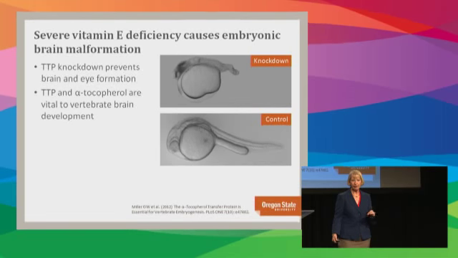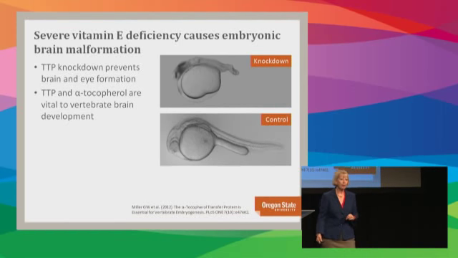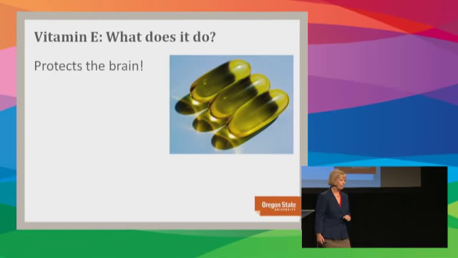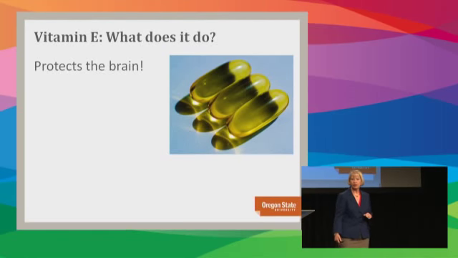What's important about those 12 to 15 hours? It turns out it's the same time as the rats lose their babies. It's also about 20 days in a human pregnancy. So before a woman knows she's pregnant, she needs vitamin E for that developing fetus. So we can conclude that vitamin E is protecting the brain.